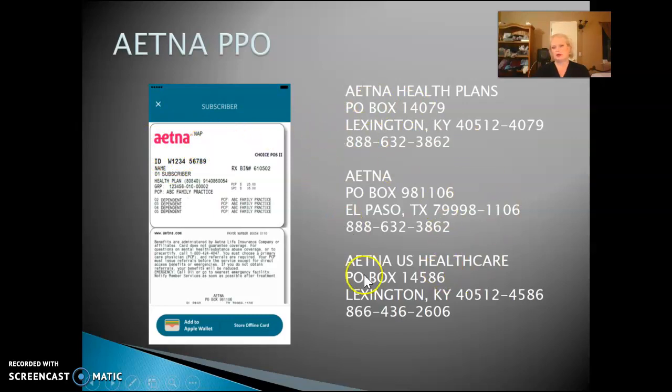On this PowerPoint, I've included the claims addresses, the major ones for us here in California that you'll be sending them to. It's really important when you get someone's insurance card, you're going to scan it to their chart, plus their driver's license. On the back of their insurance card, you want to make sure to input the correct claims address. You can see here on this card that the P.O. box is 981106, so it matches up to this address here.